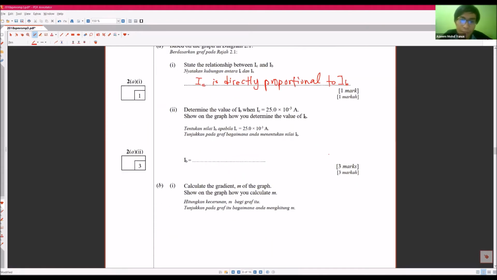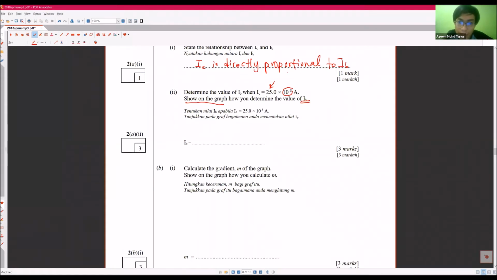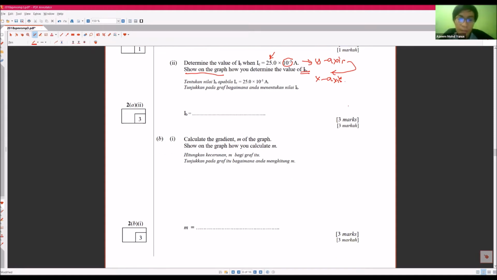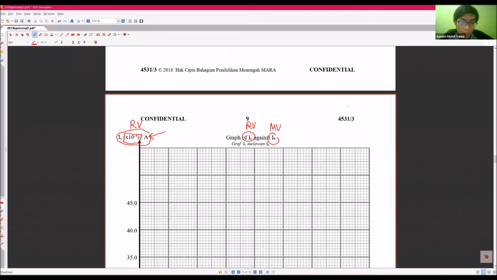Number 2, determine the value of IB when IC is 25.0 times 10 to the power of negative 3 amperes. Again, this is the multiplier. This is the value that we should find on the graph, and then we have to show the value of IB. Here IC is the y-axis, so from the y-axis we should find the x-axis value. Remember, 25.0 here.